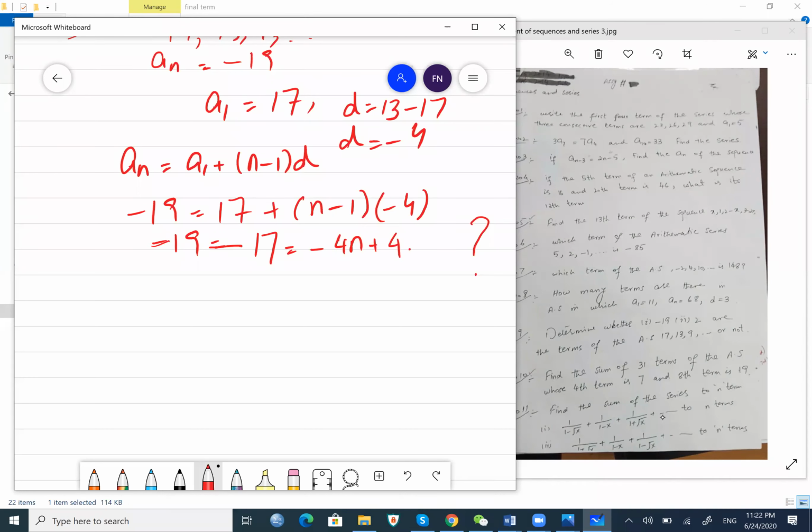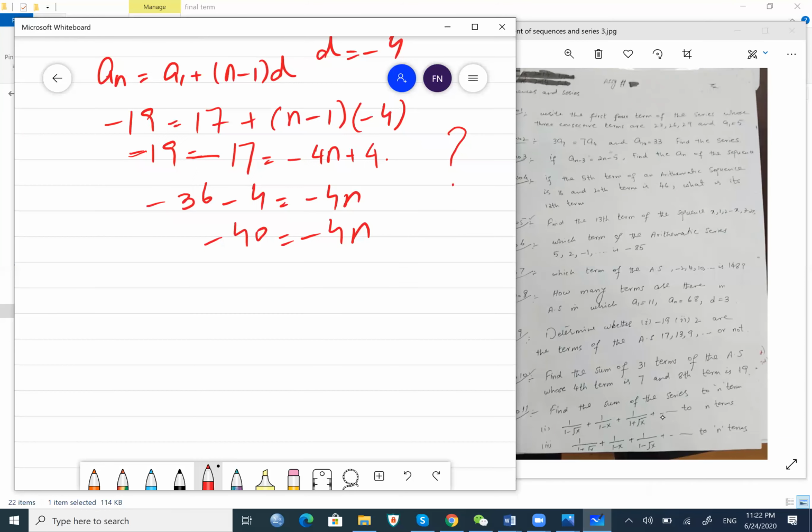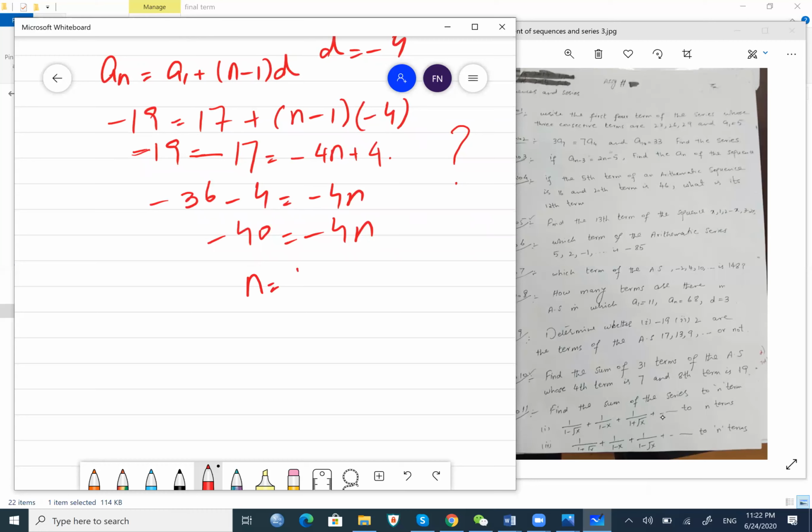So minus 19 minus 17 is minus 36, which equals minus 4n. So here n equals 10. So minus 19 is the 10th term of the sequence. Is that clear?